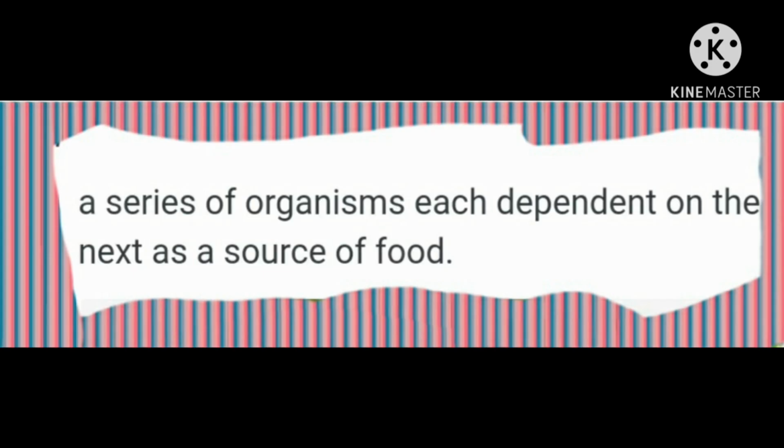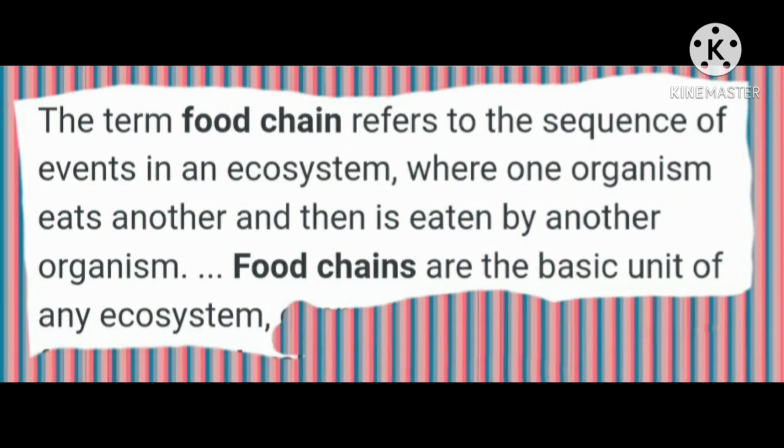A series of organisms through which food energy flows in an ecosystem is called a food chain. A series of organisms feeding on one another. This series of organisms taking part at various biotic levels constitutes a food chain.